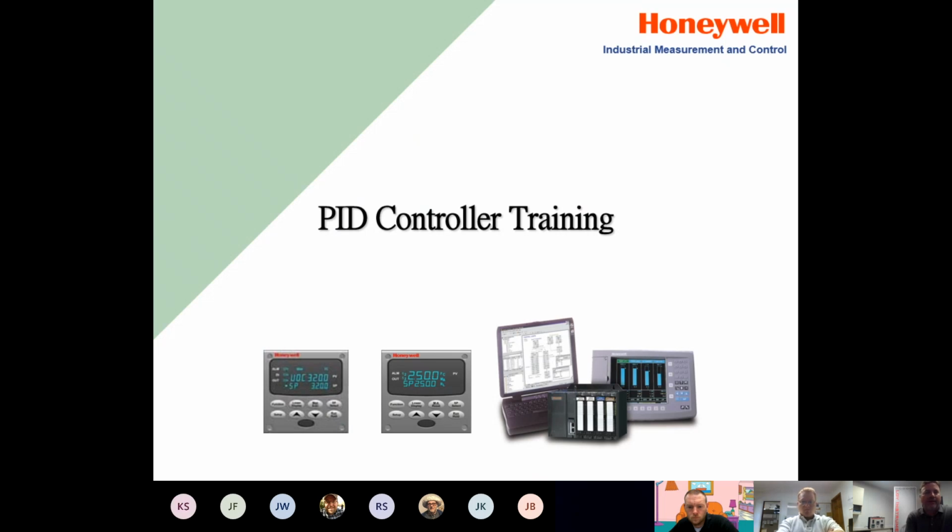So this would be like a PLC, like an Allen Bradley, a Modicon, a Siemens, or a HC900 from Honeywell. So there's a lot of different forms of PID controllers out there. Today we're going to talk about some general terms that should apply for each one of these different controls out there in your plant floor.